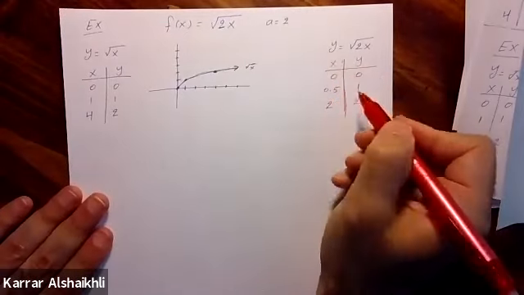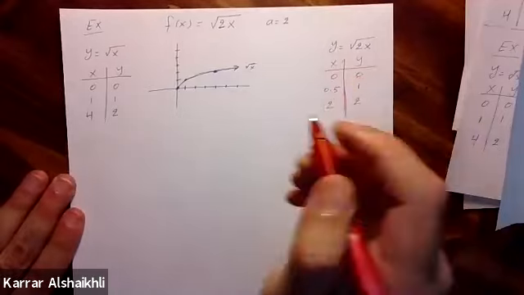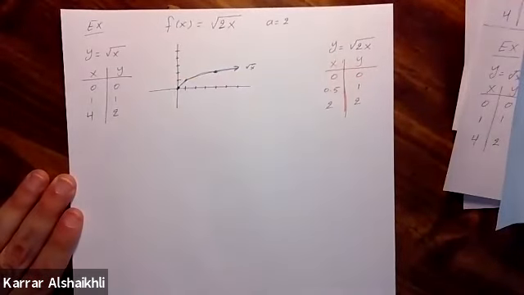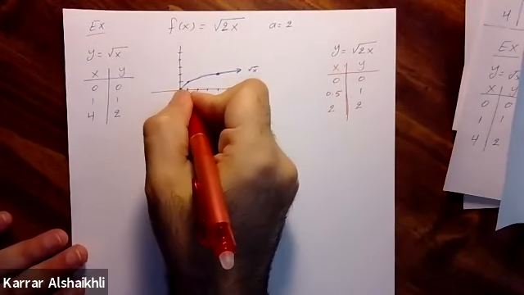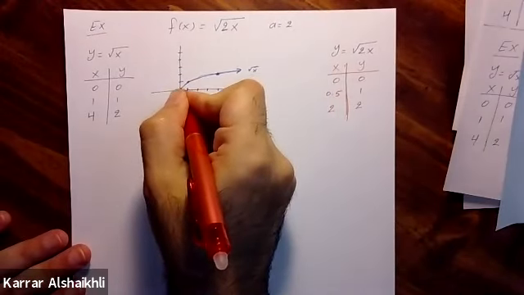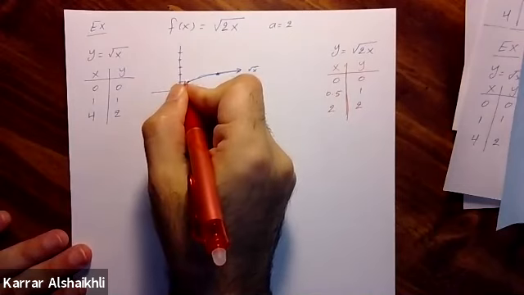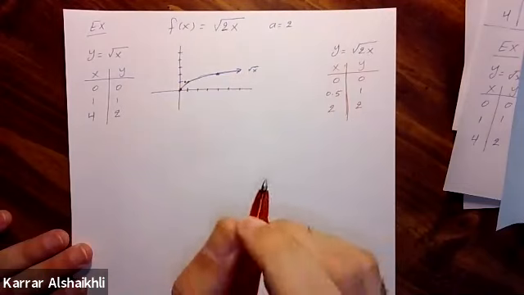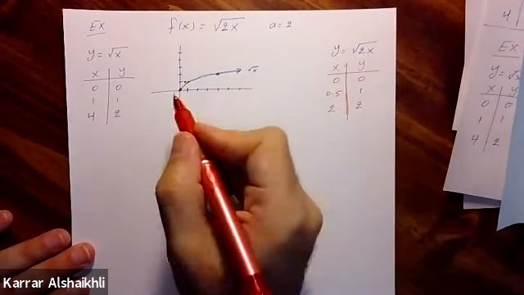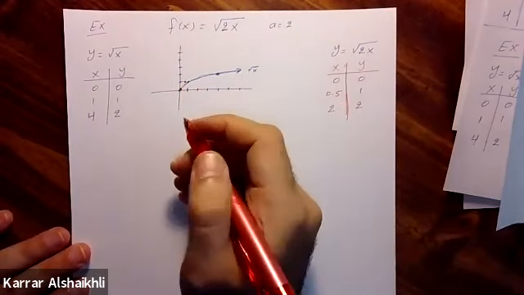Now let's graph the new points. 0, 0 is going to be here. Half and 1. This is the 1, this is the half, so it's going to be here. So the x is half and y is 1. Yes, this is right.